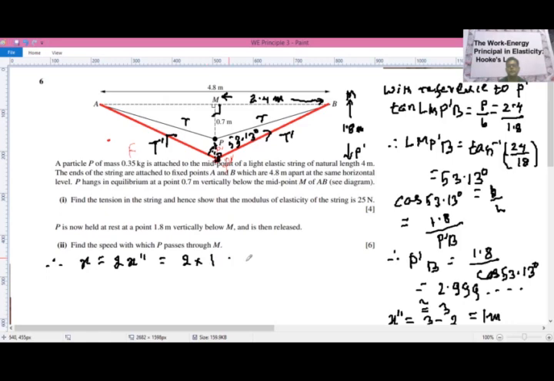That means it is 2 meter, nearly 2 meters. So the total extension in this string when P is at the position P dash.